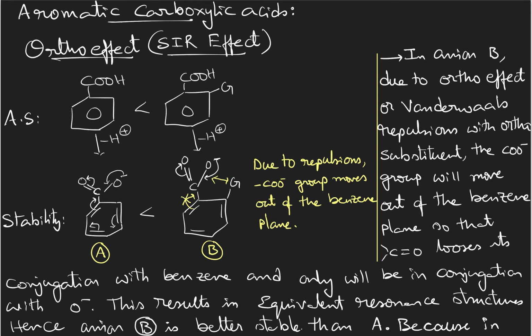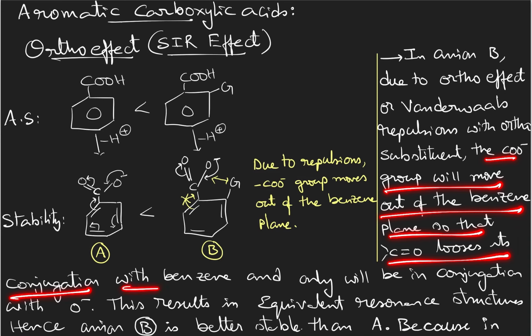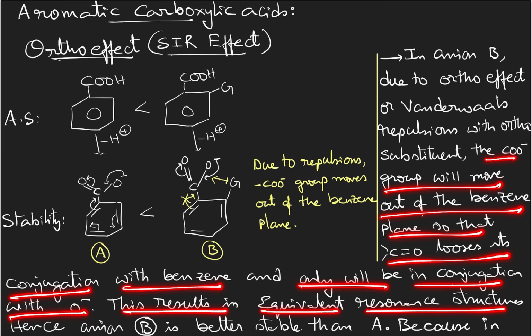The same concept I have written in sentences here. In anion B, due to the ortho effect or van der Waals repulsions with the ortho substituent, the COO minus group will move out of the benzene plane so that C double bond O loses its conjugation with the benzene ring and will be in conjugation only with O minus, and this results in the formation of equivalent resonance structures.